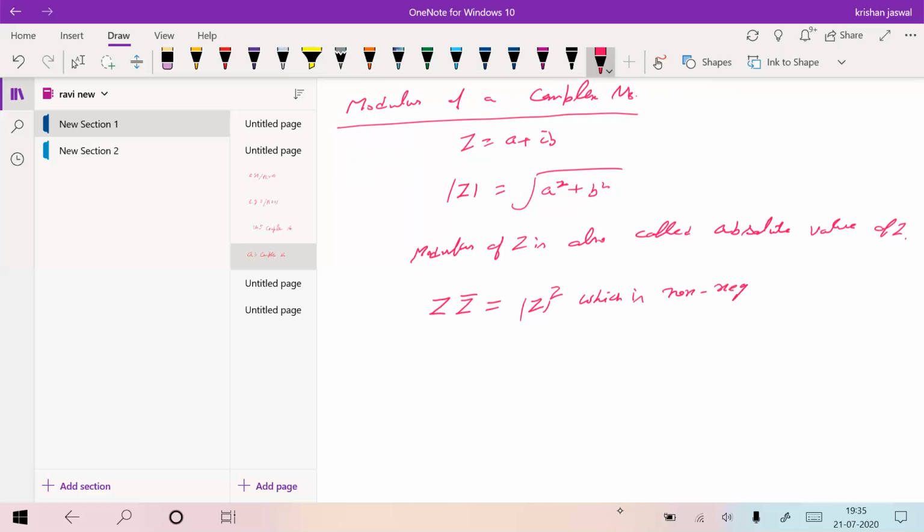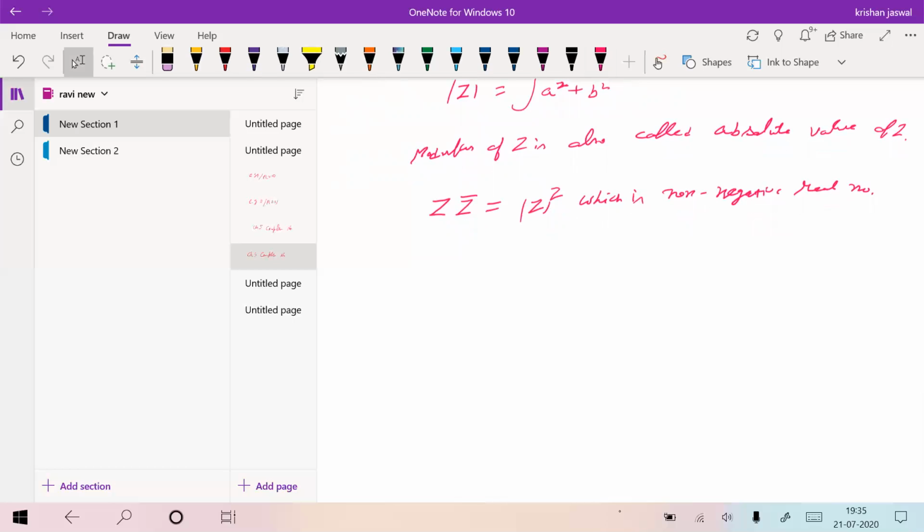Non-negative means positive value and real value.